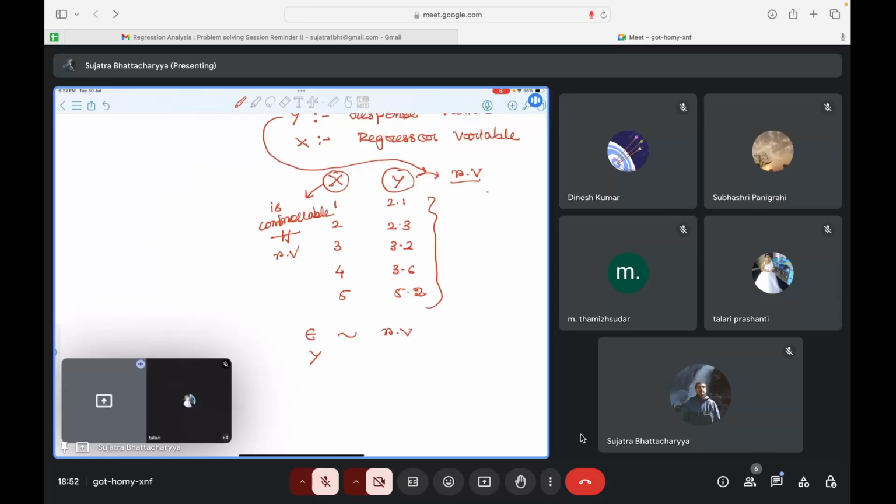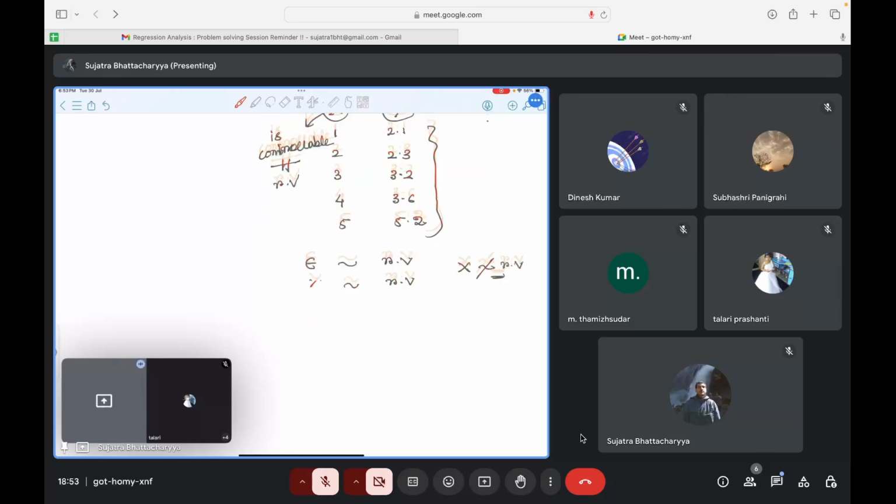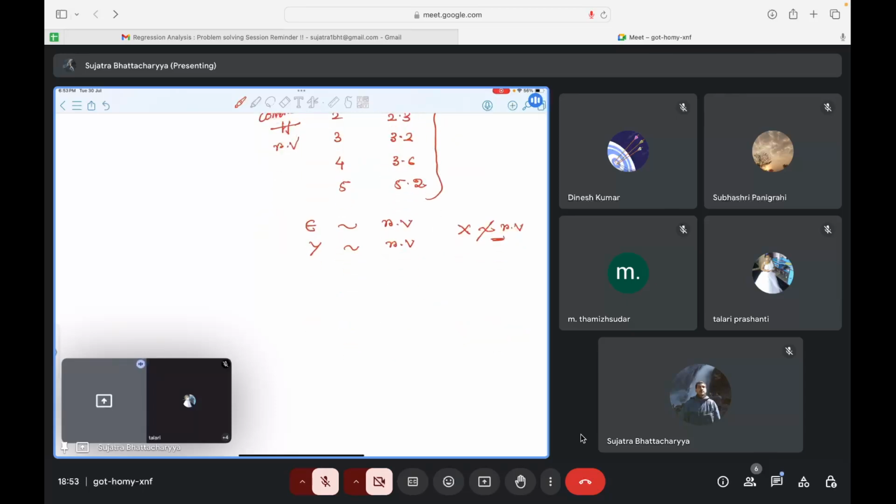X, remember, is not a random variable. So x will not have any distribution. It will not have any expectation value and variance. Only epsilon and y will have population mean, population standard deviation, and all this. Right?